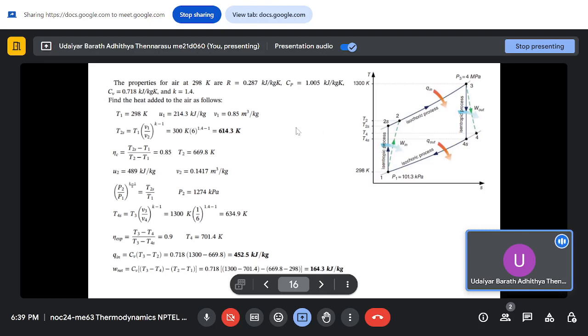So similarly, just like what we did in the Brayton cycle, we can use the same approach to find out the temperature at state 2, exit of compressor, which comes out to be 669.8 Kelvin. So corresponding to this temperature, we can find out your internal energy is 489 kilojoule per kg and V2 is 0.147 meter cube per kg.